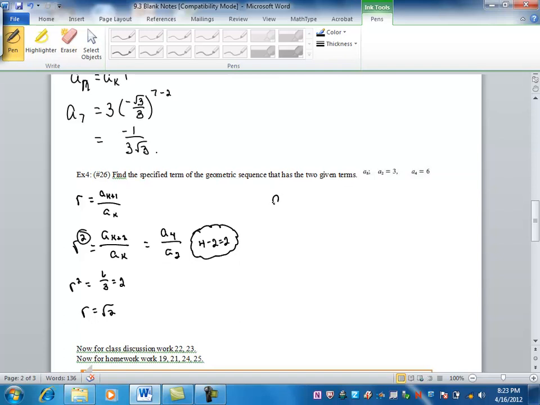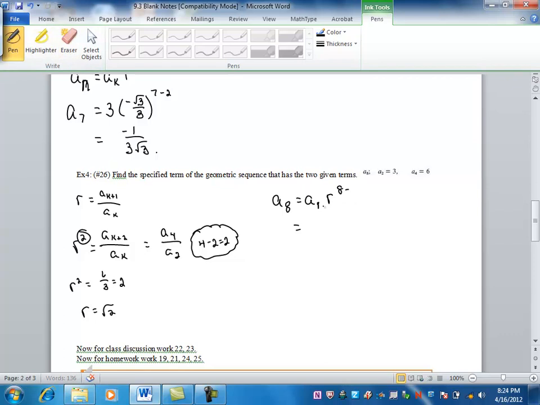And so if we are looking for the 8th term, let's remind ourselves we can start at the 6th term, r to the 8 minus 6. I'm sorry, it's not the 6th term that we know. It's the second term or the fourth term. So let's switch this up again. I'm going to go with 2, not that it really matters.